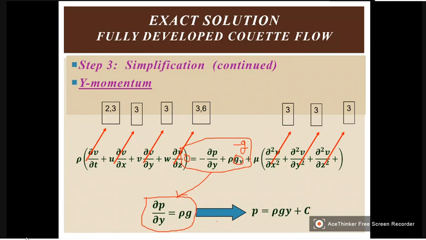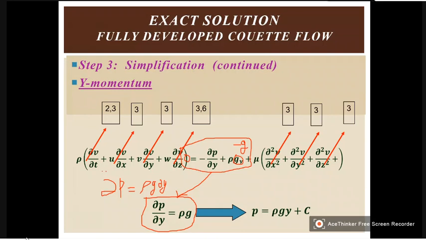So if I take this, I can write this as dou p is equal to minus rho g dy.